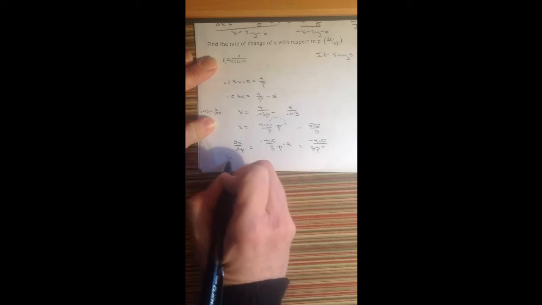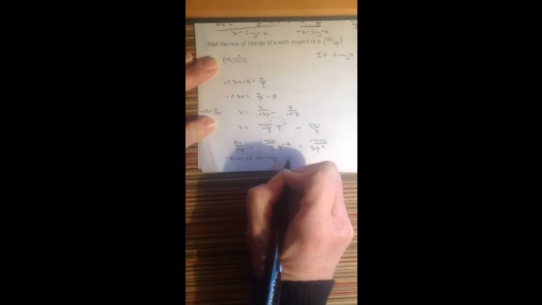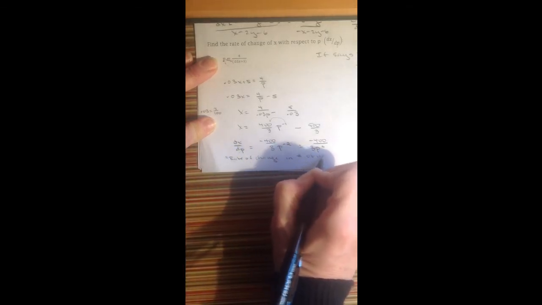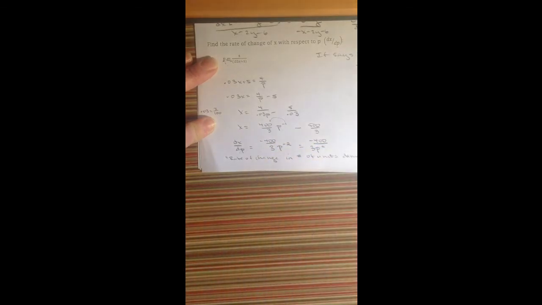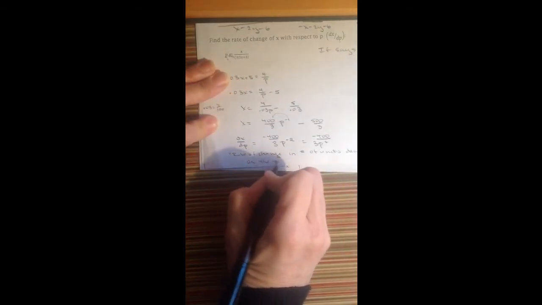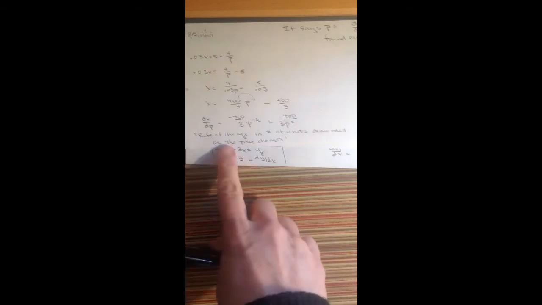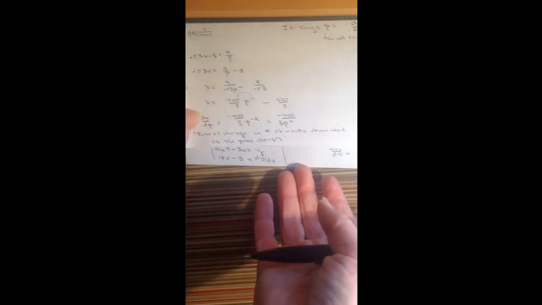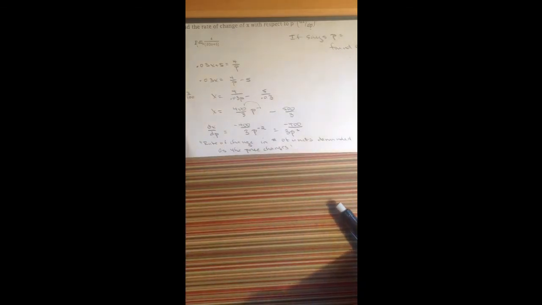So in words, this is the rate of change in the number of units demanded as the price changes, or with respect to the price that I'm given. So this is an interesting thing to know. What is the rate of change? How fast is the demand for my product changing when I change the price?